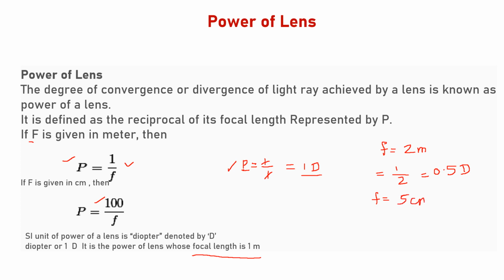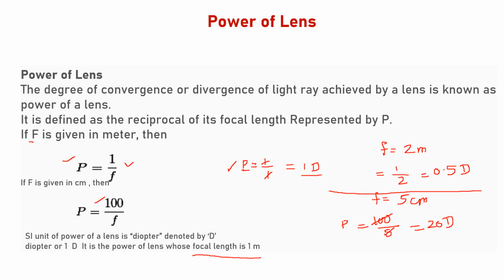Which formula do you have to use? P is equal to 100 upon 5. Clear? So what will you get? You will get 20 D, 20 diopter. So here are the two ways in which you can find the power of a lens.